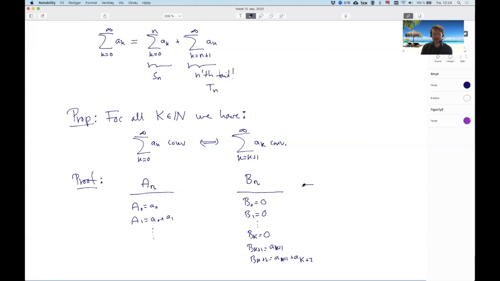What does this give me? This means that AN, when n is strictly bigger than capital K, well, is equal to what? So here, if I move all the way down here, let's start at a(K+1). So it will be a0 all the way to aK, and then a(K+1), like this. If I do a(K+2), I'm just adding an extra term here.